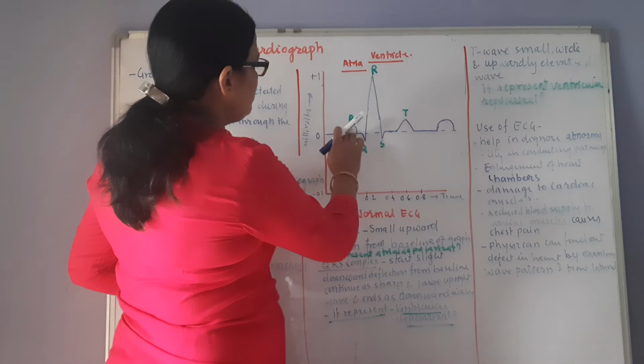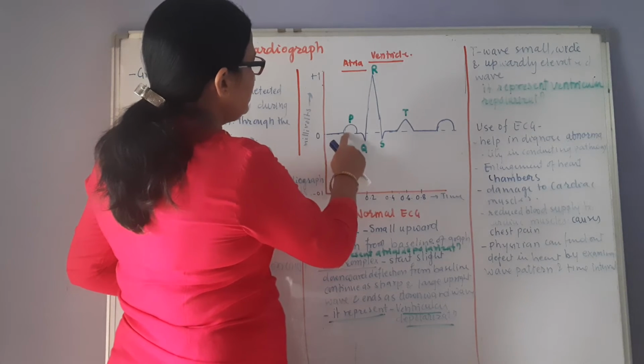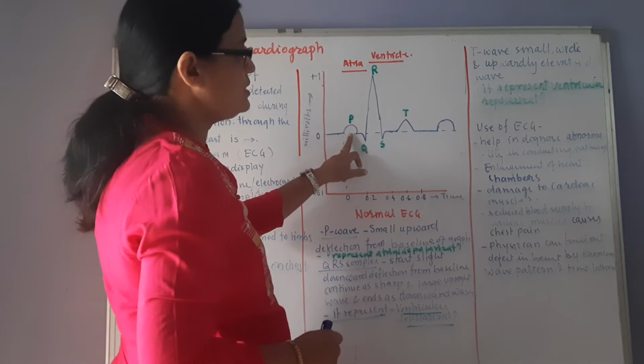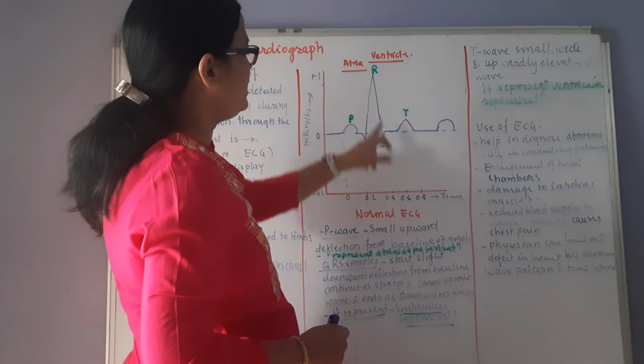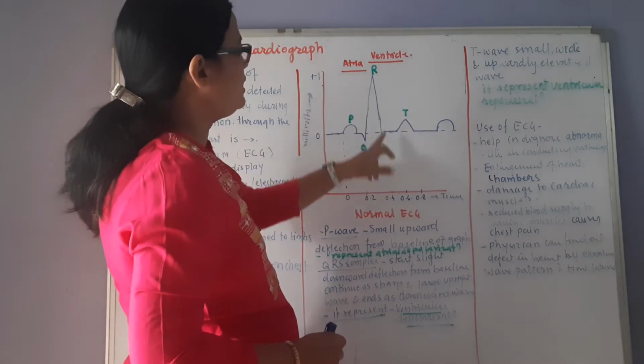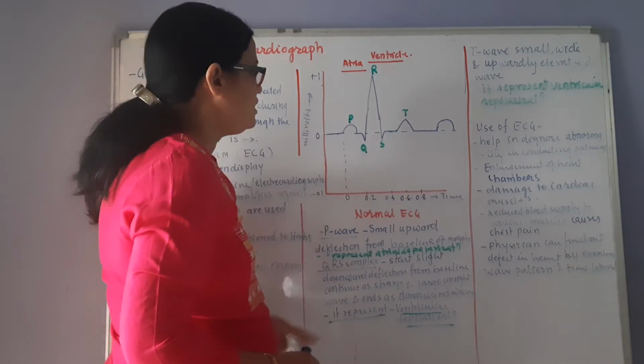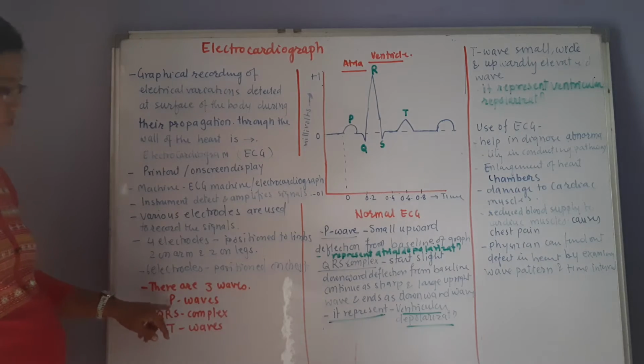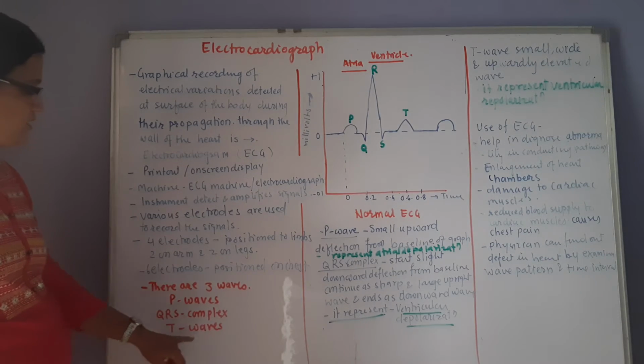The small inclination above the baseline that is visible is the P wave. Then the second, the sharp one, is the QRS wave, and then the third is the T wave. In this way they show the 3 types of waves: P wave, QRS complex, and T wave.